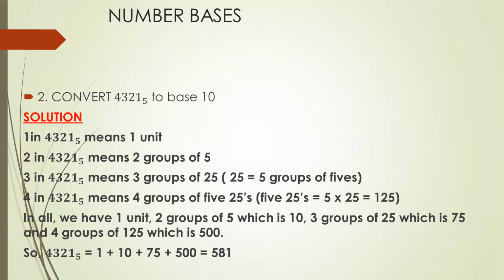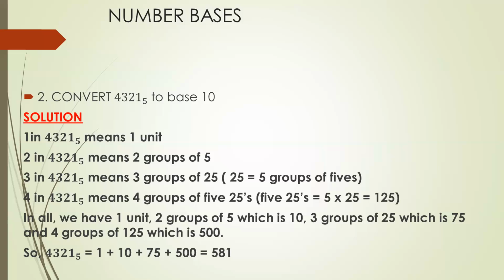If you are converting this to base 10, it's the same thing. So the 1 is in singles, the 2 is in fives, the 3 is in 5 times 5, which is 25, right? And the 4 is 5 times 25, which is 125, right?